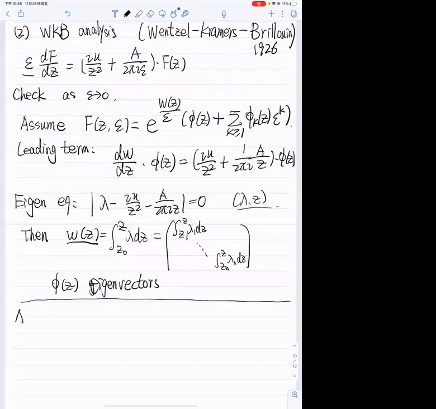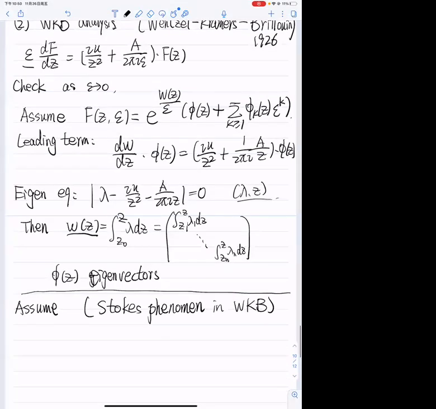But now let's see what the relation is. What I am going to show you is that the Stokes phenomenon in WKB is sort of an algebraic thing on the corresponding spectral curve. Recall that the Stokes phenomenon is a jump phenomenon of the asymptotics of solutions. Let's look at its behavior in WKB.